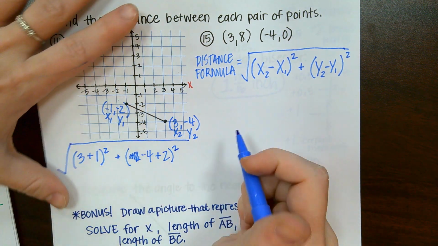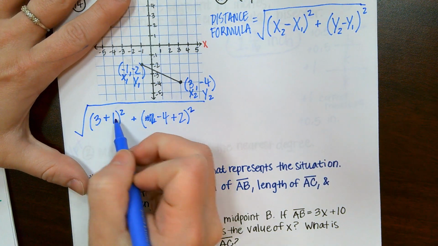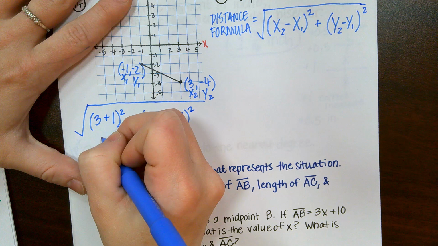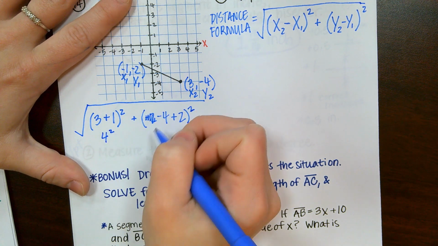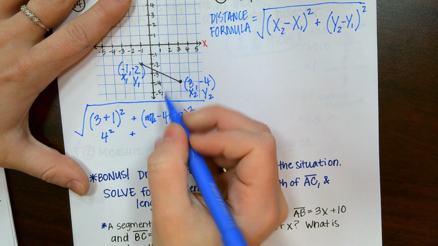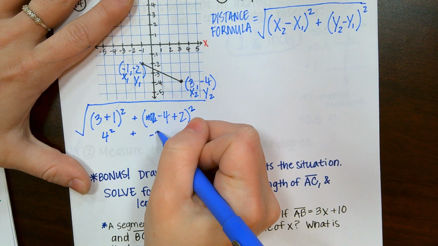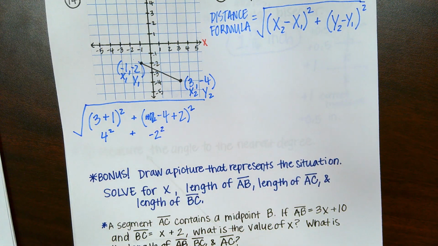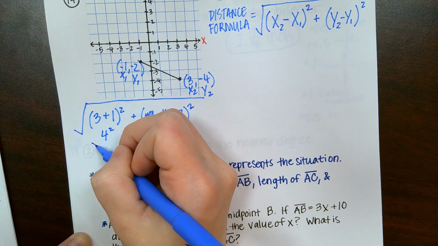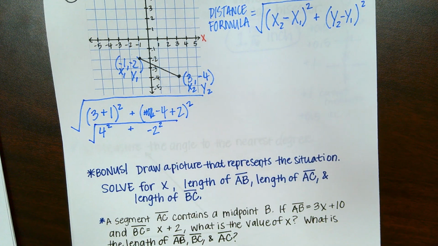So let's work one step further. 3 plus 1 is 4. I'm going to bring down that square, plus negative 4 plus 2 is negative 2. Bring down my square. And this is still under square root.